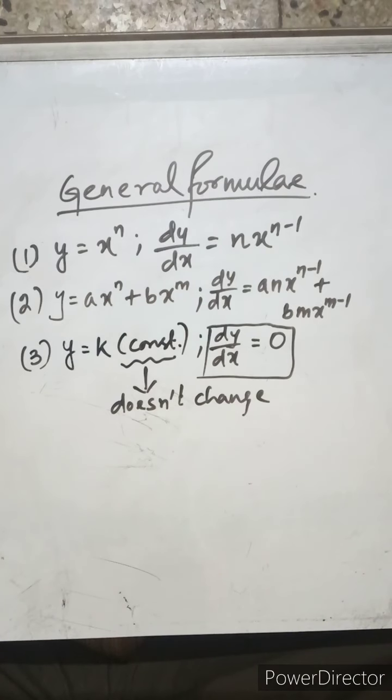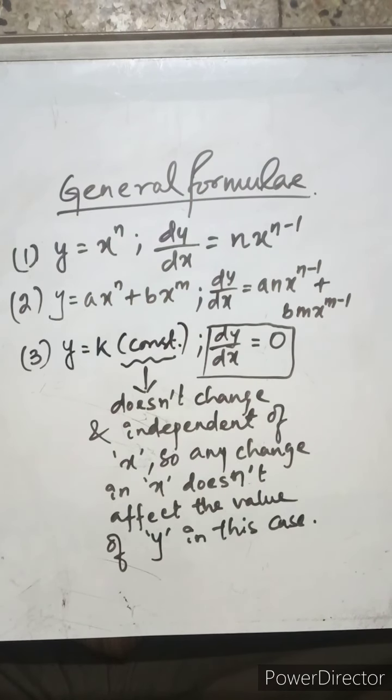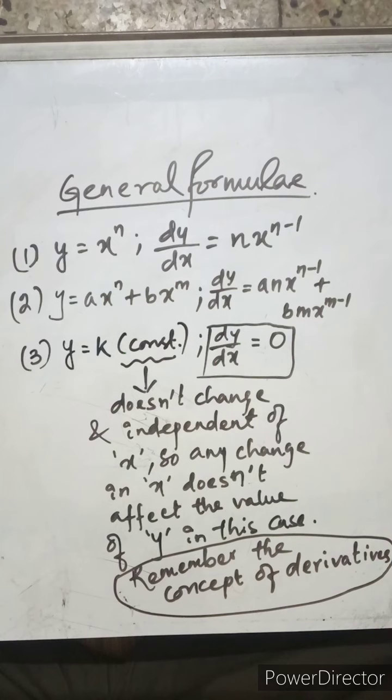Because the value of k doesn't change, because y is constant, the value remains constant, it does not change with respect to x. Now it is independent of x. So this is the entire concept of derivatives: any change in x won't affect the value of y in this case. That's quite obvious, because we need to understand the concept of derivative.